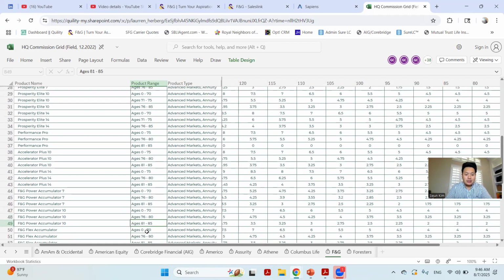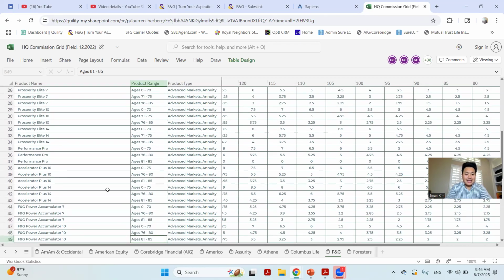So the Power Accumulator 10, you can write up to 85 years old. Accelerator Plus 10, I told you earlier, also goes up to 85. So you can start an annuity at age 85 for that client. That's the last stage. Minimum investment on this is $10,000. That's the minimum.